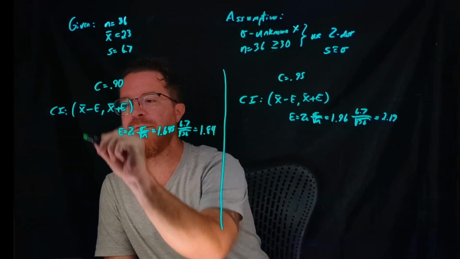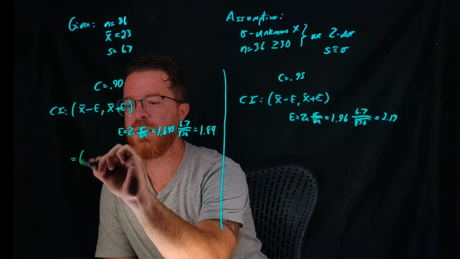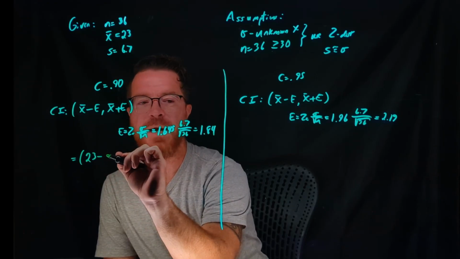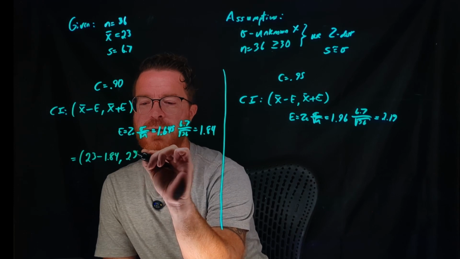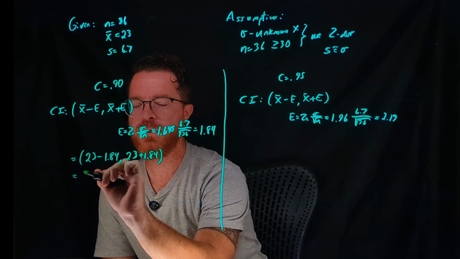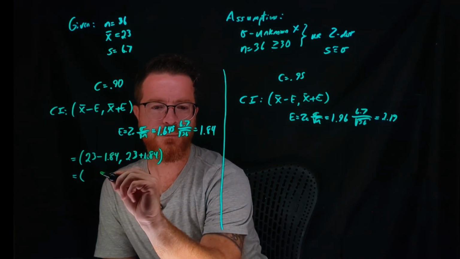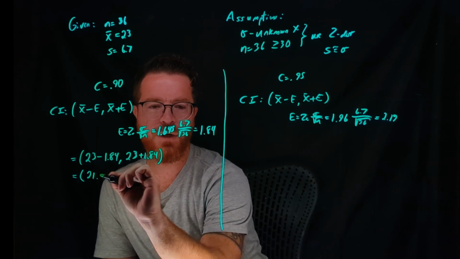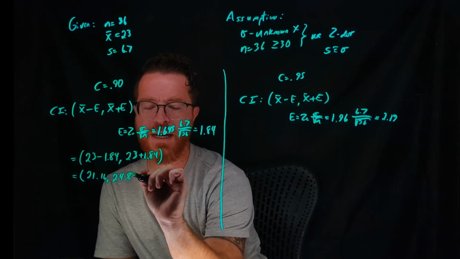So in this case, my confidence interval is going to be X bar, which is 23, minus 1.84, up to 23 plus 1.84, which will be equal to 21.16 up to 24.84.